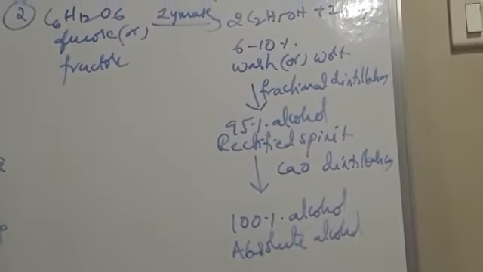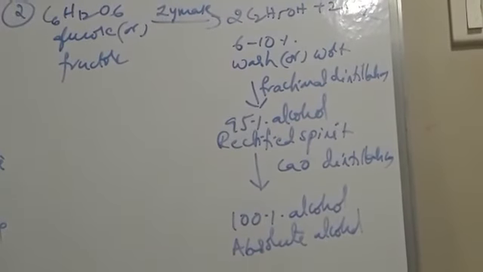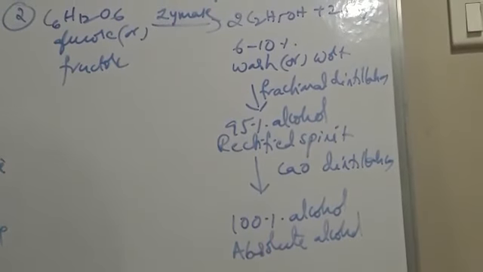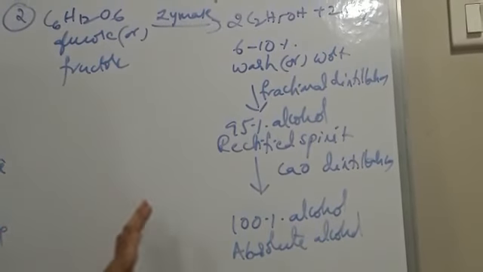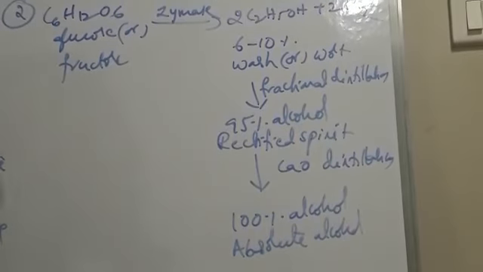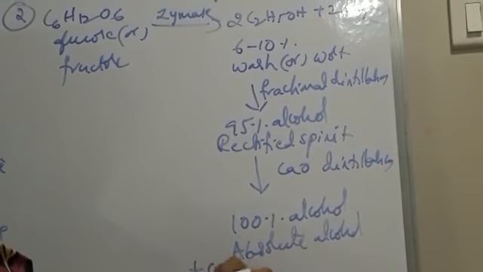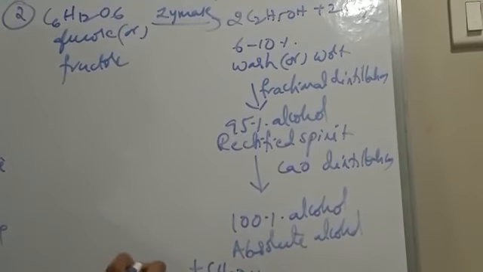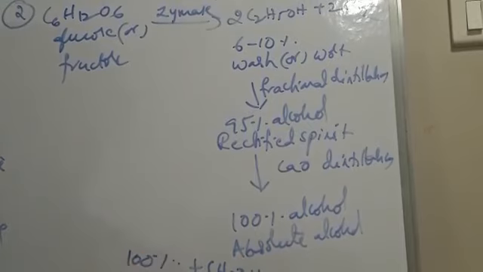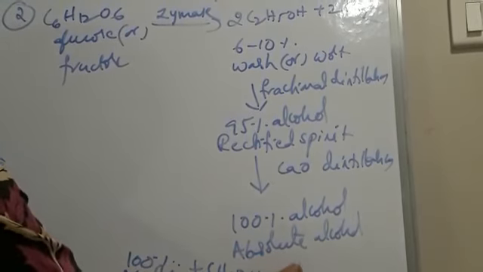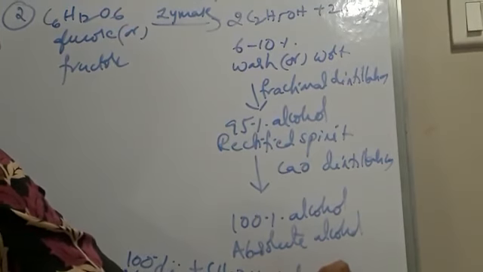If methyl alcohol, CH3OH, is added to 100% absolute alcohol, it becomes unfit for drinking purposes and we get denatured spirit.